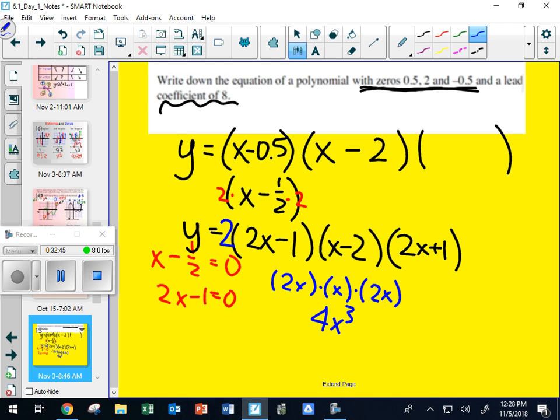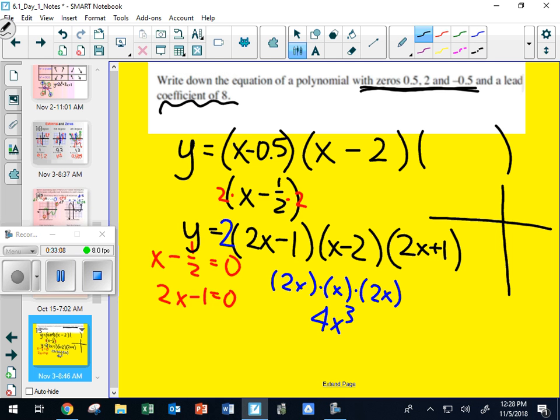That works, right? And so from here, if I wanted to graph this out, what degree is this? There are 3 x's, so that's a degree of 3. We have a positive leading coefficient of 8 now.